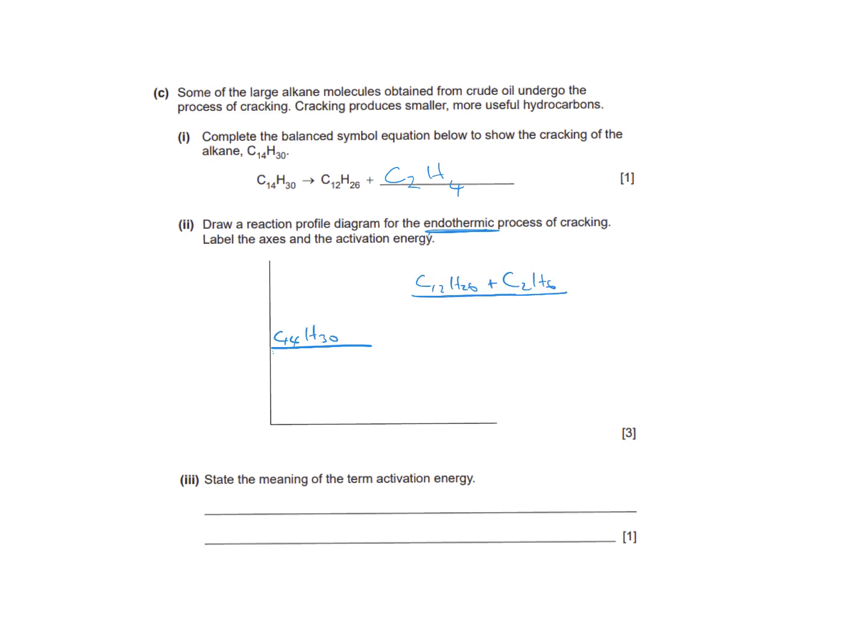So I've written in the chemicals that I start with and what I finish with, the reactants and products. And then I'm going to label the axes. Y-axis is the energy, and the x-axis is progress of reaction. So I've done that. I have to label the activation energy.